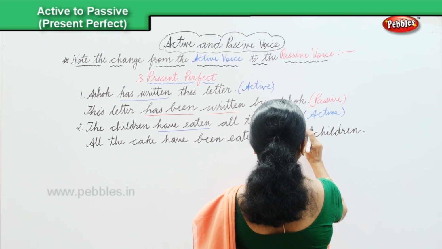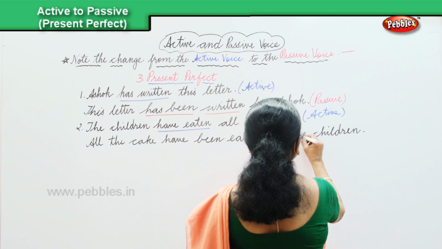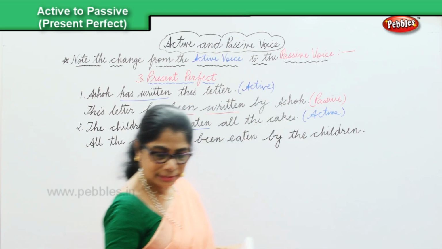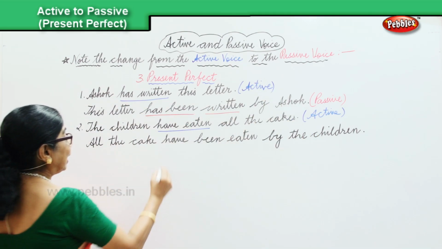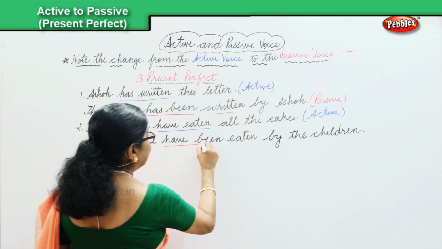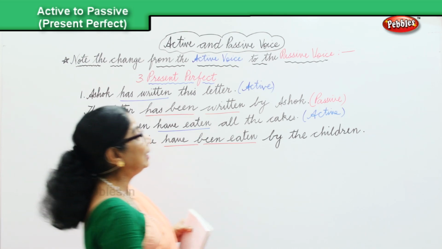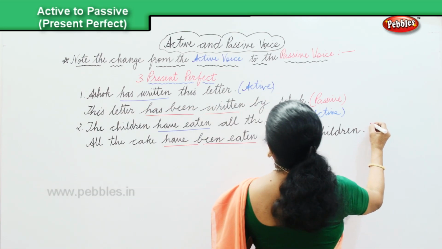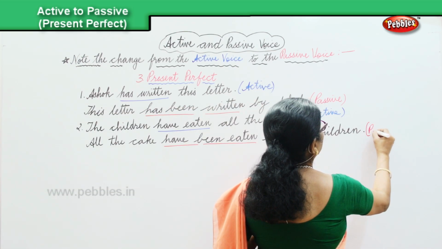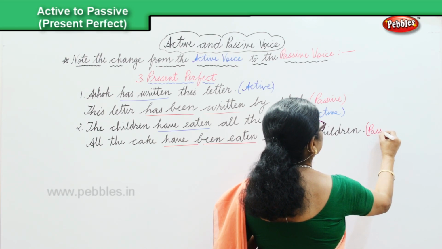Now, that's changing over from the active into the passive. Now, look at the verb here. Have been eaten. All the cakes have been eaten. That's in the passive voice. Passive.